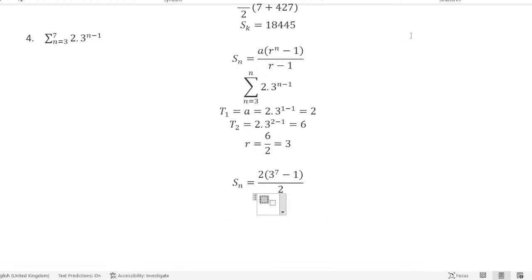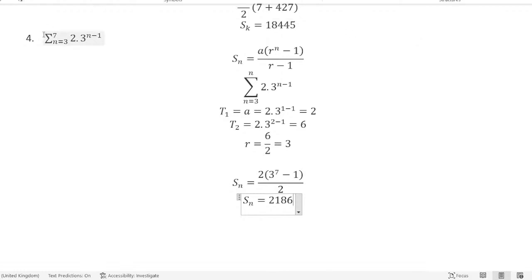So Sn will be equal to 3 to the power 7, that is 2187. Then 2187 minus 1 is 2186. So this will be the value of Sn.